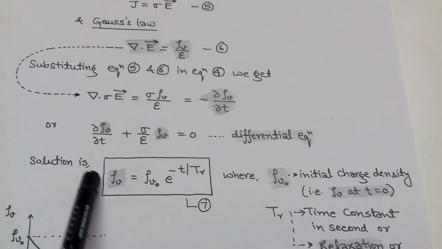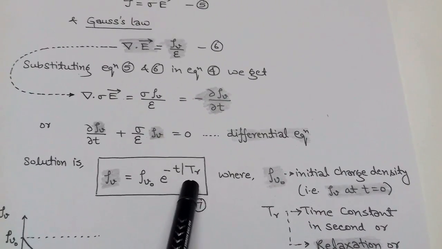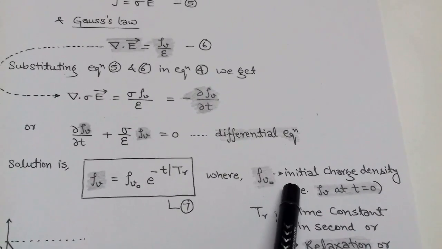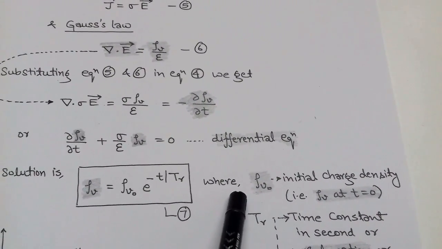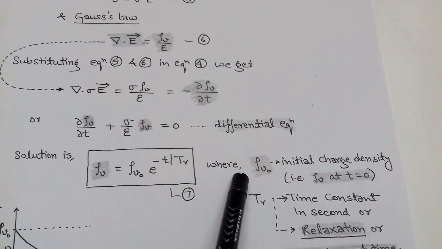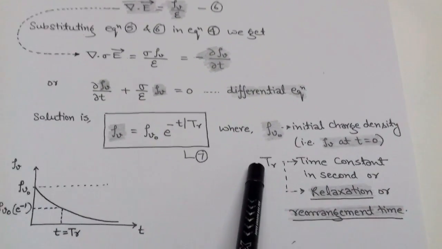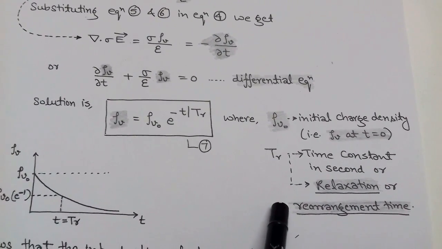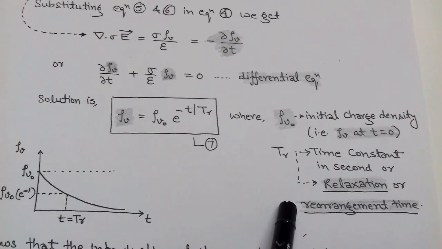The solution of this equation is rho V equals rho V naught e to the power minus t upon tr, where rho V naught is the initial charge density at time t equals 0, while tr is called a time constant in seconds, and this tr is called the relaxation time or rearrangement time.